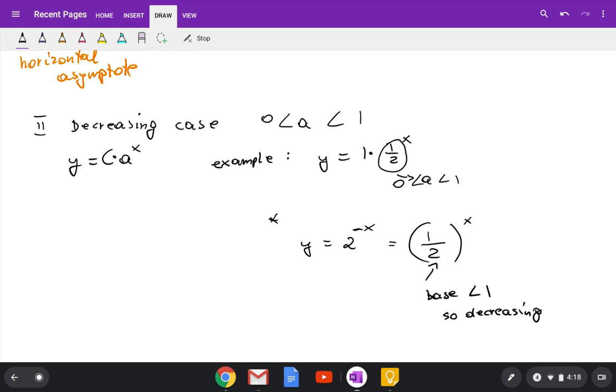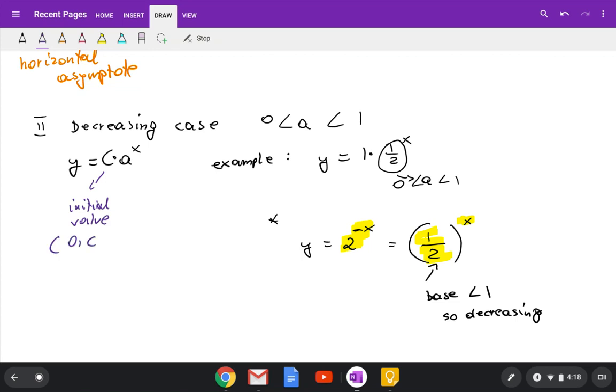In our textbook, I see many examples like this. They put it that way. Make sure that you know that this is the same as 1/2 to the power of x. So c is your initial value, which means the y-intercept, 0, comma c.